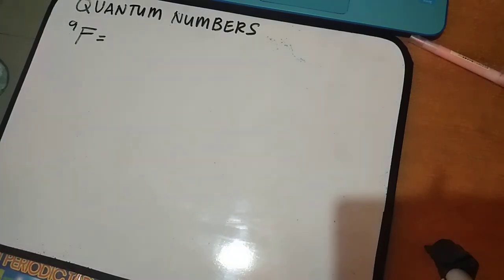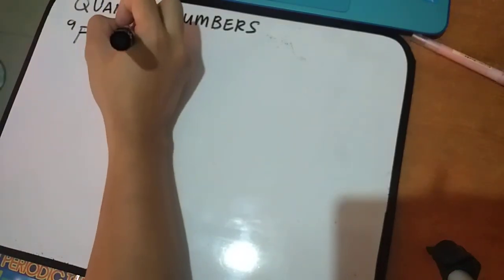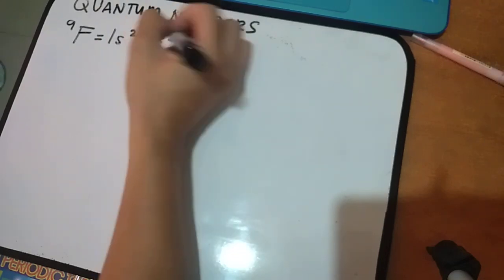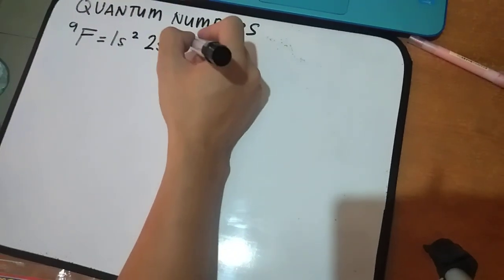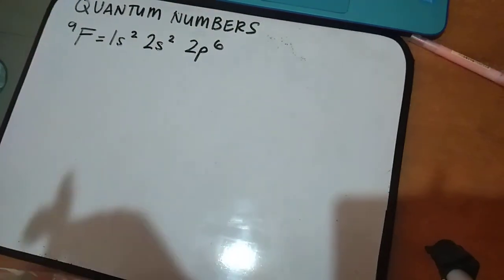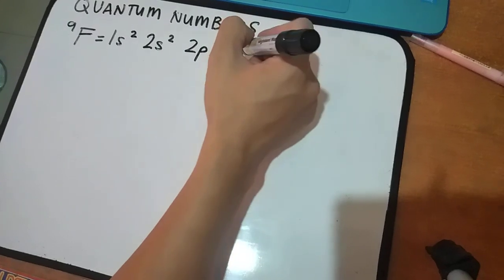So, parang review lang. We'll start with 1s2, 2s2, 2p5. Okay? So, that is your electron configuration, long method. We could also do the short method.